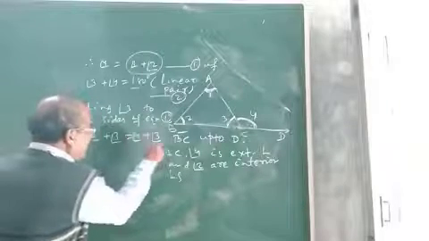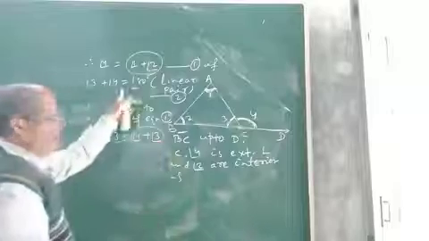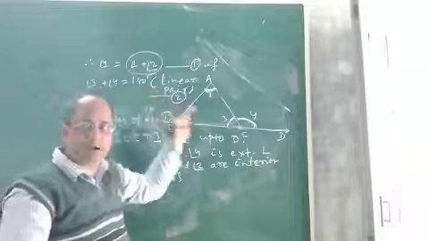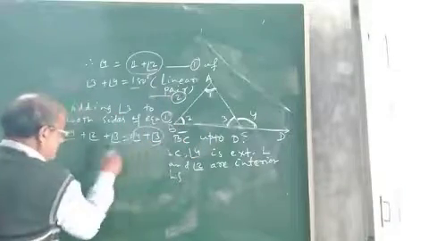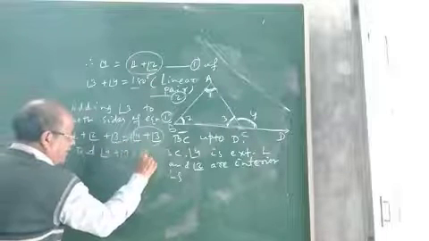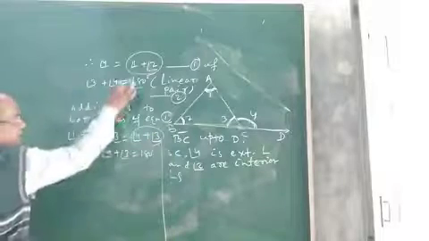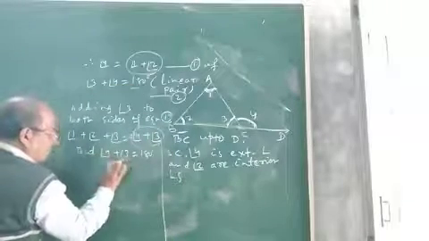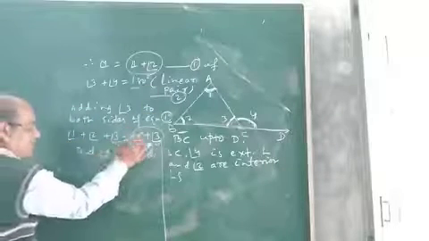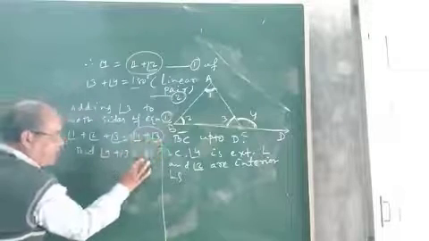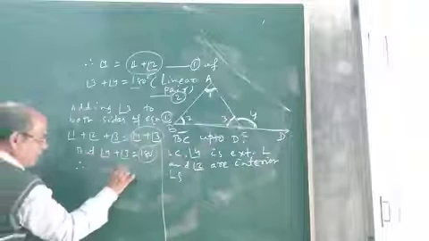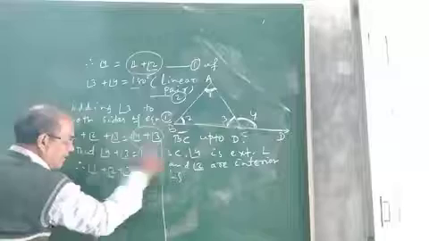But what is the sum of 4 and 3? 180 degree, because these two form a linear pair, already established. So angle 1 plus angle 2 plus angle 3 equal to angle 4 plus angle 3, and angle 4 plus 3 is 180. Therefore, no doubt angle 1 plus angle 2 plus angle 3 will be 180.